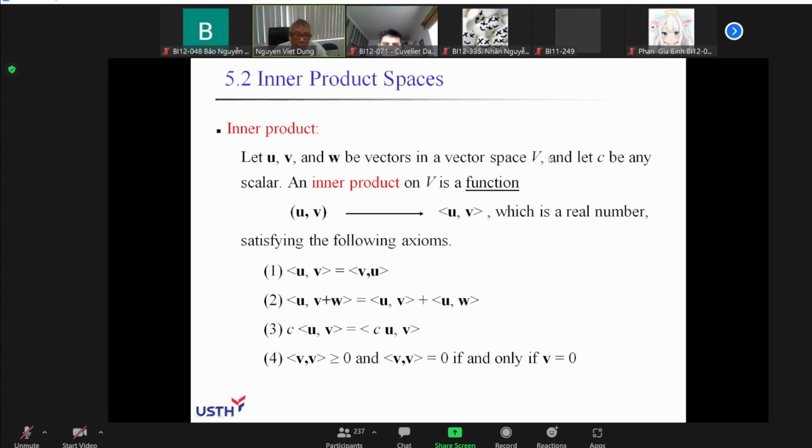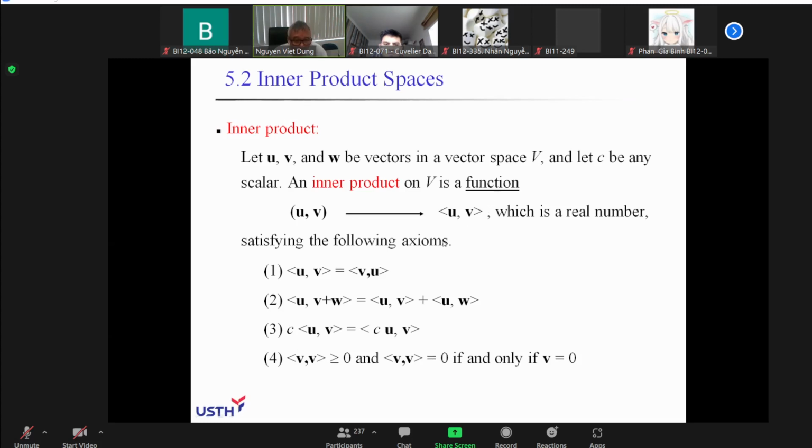Then on V, an inner product is a function satisfying four axioms like that. And a function is some rule, some correspondence to send any pair of two vectors u and v into a number denoted by ⟨u, v⟩ between the angle brackets like that.